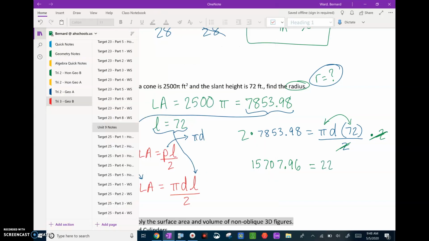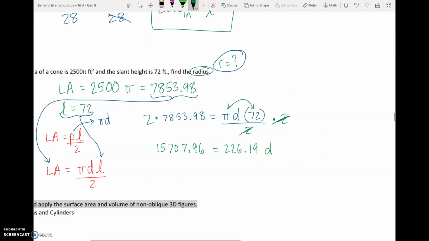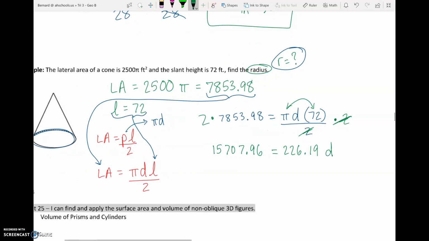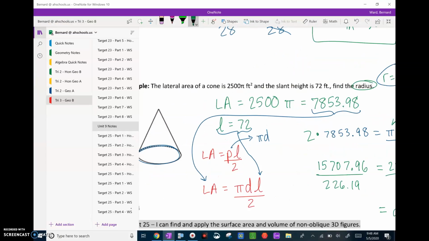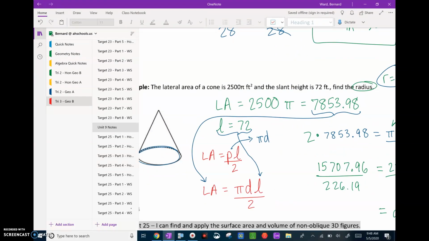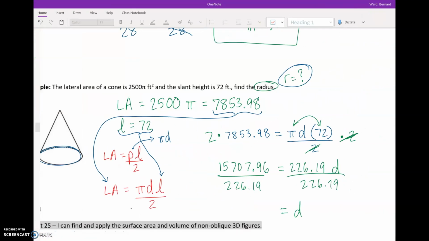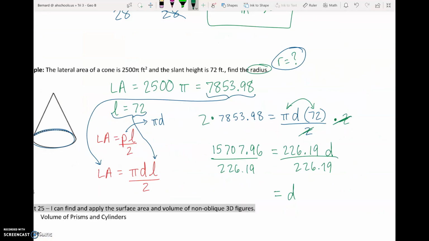So this will equal 226.19 times our diameter still. And then we'll just divide both sides by 226.19. And that'll tell us what our diameter is. And I guess I'm just going to have to do that in a different video.